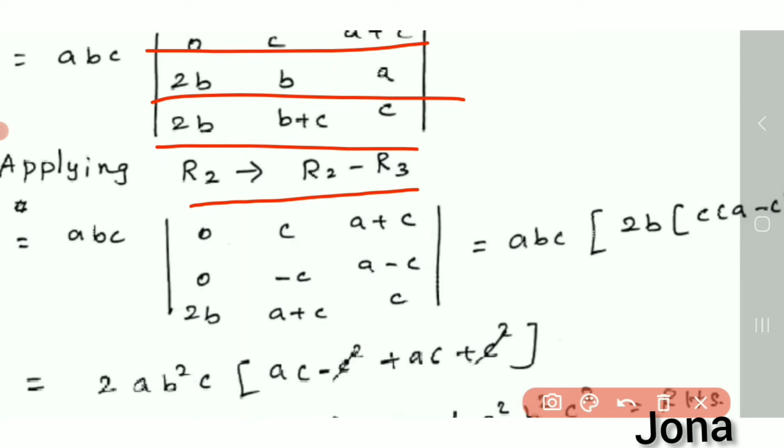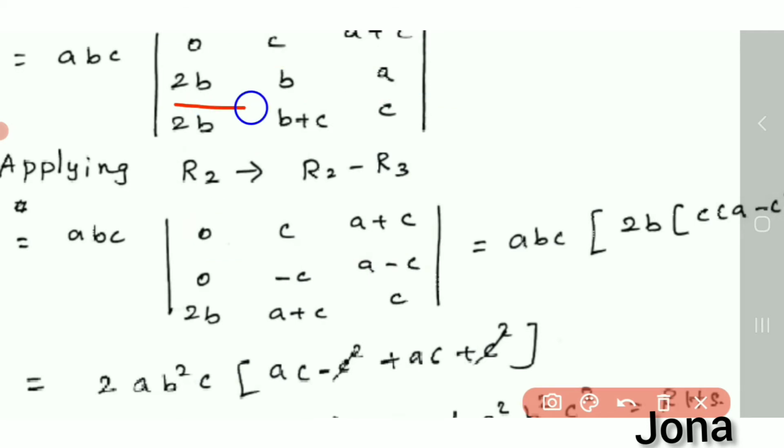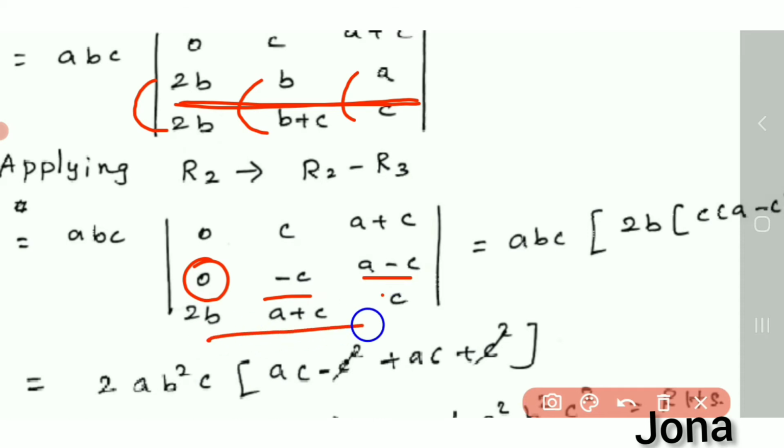So here 0, keep this R1 as it is. So we kept as it is 0, c, a plus c as it is here. Only thing we have to change is this R2, which is nothing but R2 minus R3. So we have to subtract: 2b minus 2b is 0. And then b minus of b plus c, b and b will get cancelled. Simply we have minus c. Here a minus c. Keep R3 as it is and R1 also as it is here.